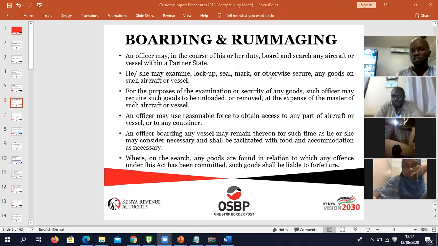On boarding and rummaging, one, an officer may, in the course of his or her duty, board and search any aircraft or vessel within a partner state.